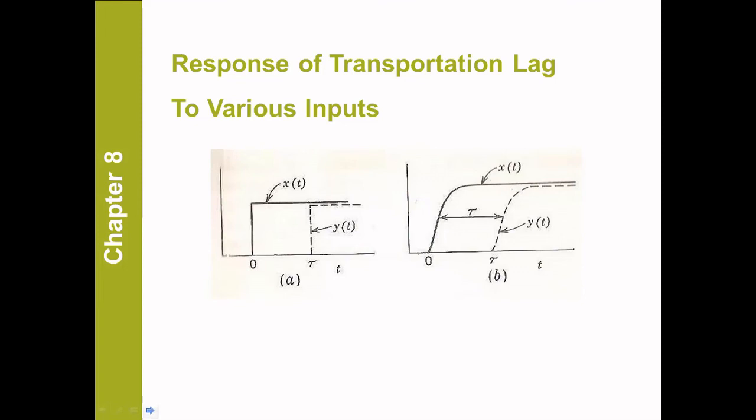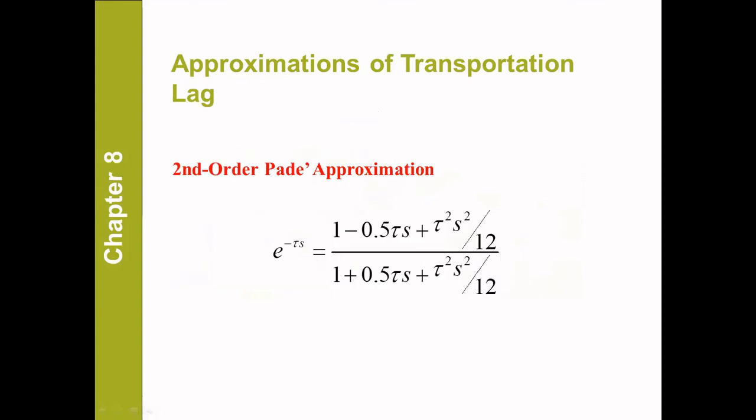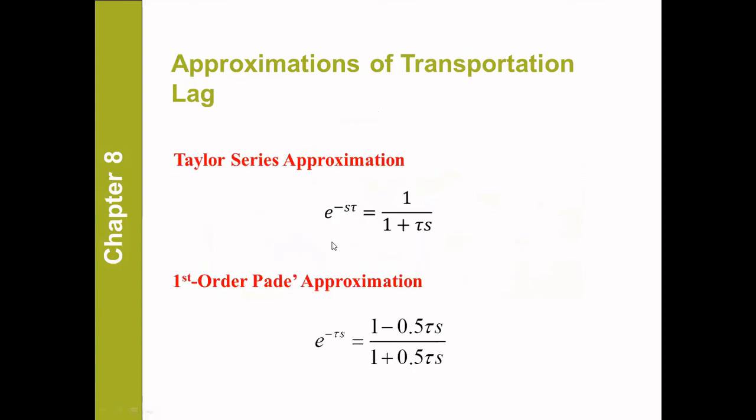So para hindi budlay, Kauhanor suggests that you may choose from any of these 3 approximations. So, pwede nyo islan, so si e raised to negative s tau using Taylor's approximation by this one. So, if you look very closely to this class, ano lang man ini siya, di bala amo na siya ang transfer functions ang liquid level system.